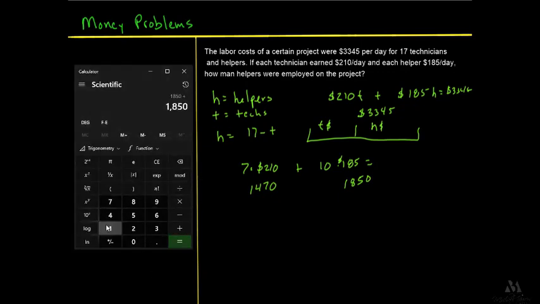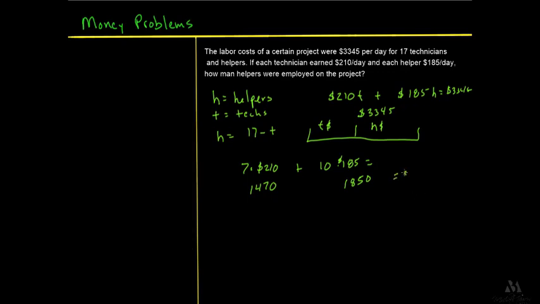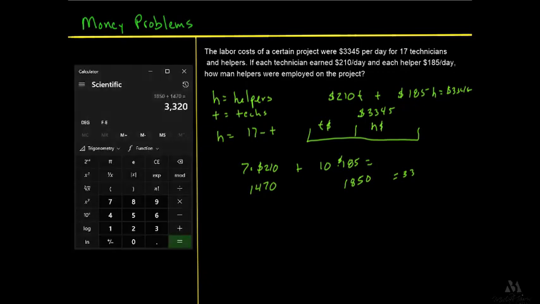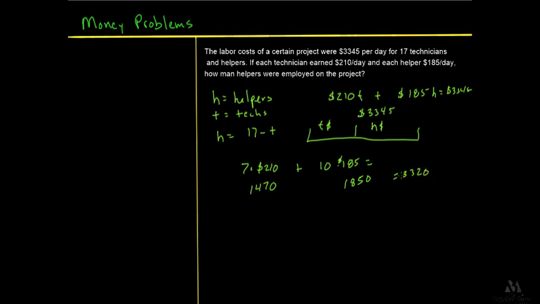So 1850 plus 1470. Oh, I thought I'd guessed it right dead on. All right, so that equals 3320. Well, that's pretty close.